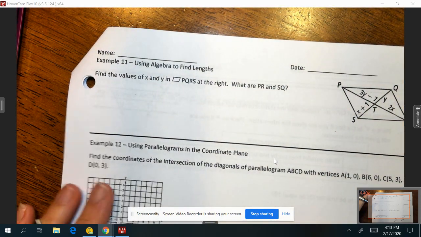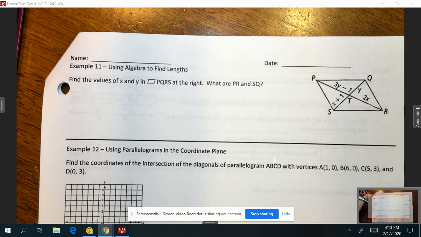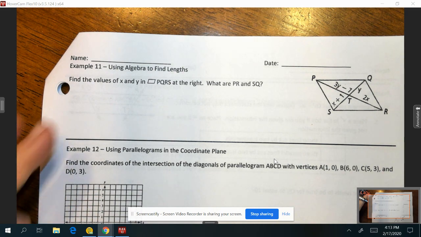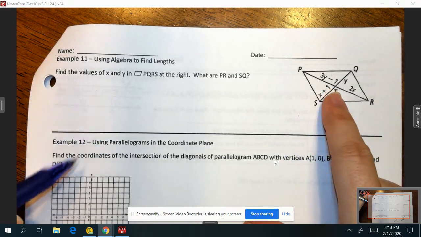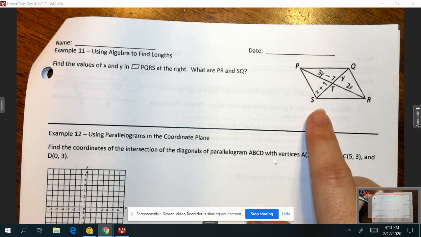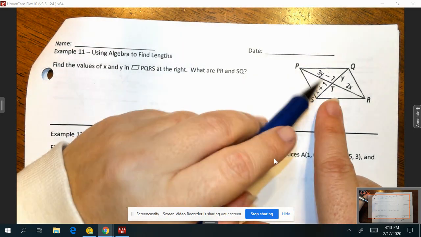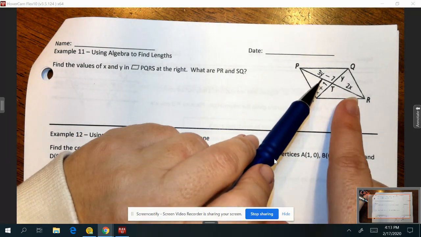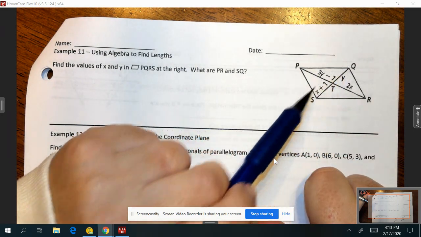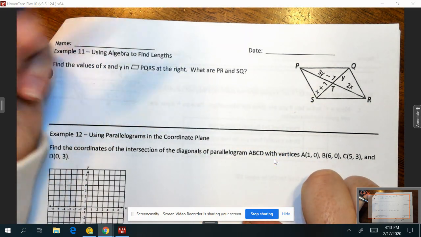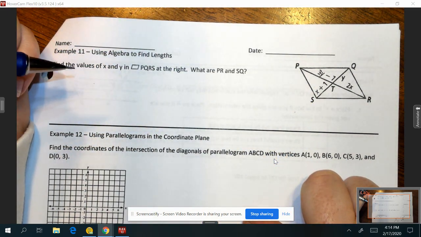Okay. On the back page, this example 11 is harder than I would ask you to do on a quiz, and I don't think there's anything that's difficult on the homework. But you will have ones similar to this. It's just the algebra won't be as difficult as this one. So I'm going to use pencil just in case. For this one, we're supposed to find the values of x and y. As you can see, they're labeled on diagonals, and we just learned that the diagonals bisect each other.